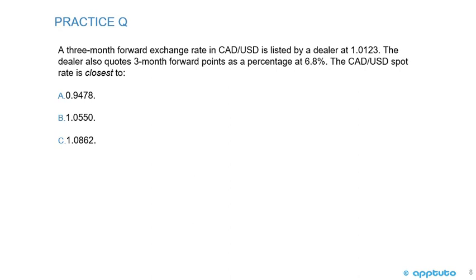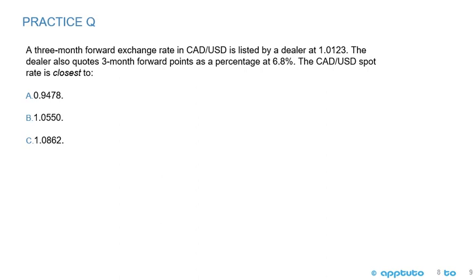A 3-month forward exchange rate for the CAD US dollar is listed by a dealer as 1.0123. The dealer also quotes a 3-month forward points as a percentage at 6.8%. The CAD US dollar spot rate is closest to A, 0.9478, B, 1.055, or C, 1.0862.